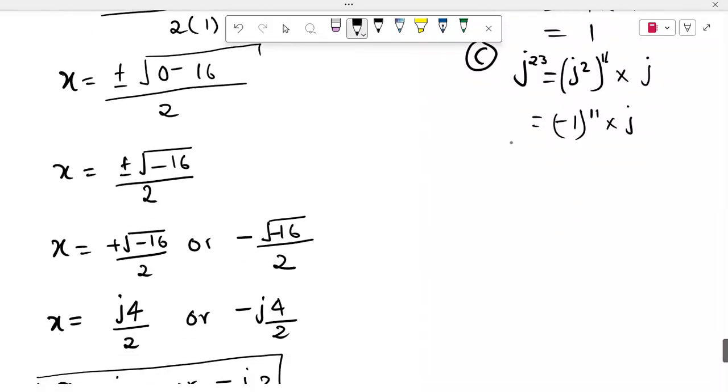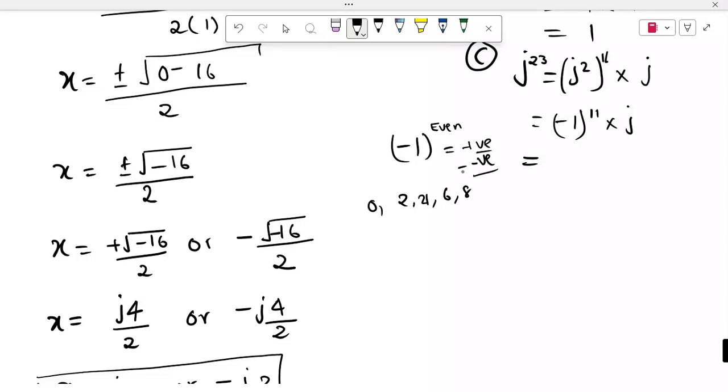So this is just some mathematical tricks. A negative number to an even power, even numbers like 0, 2, 4, 6, 8, 10, the answer is always positive. If the power is odd, any number other than even numbers, you know that the answer will be negative.